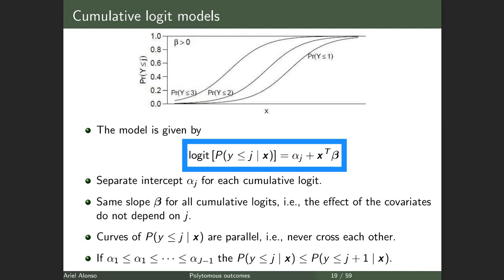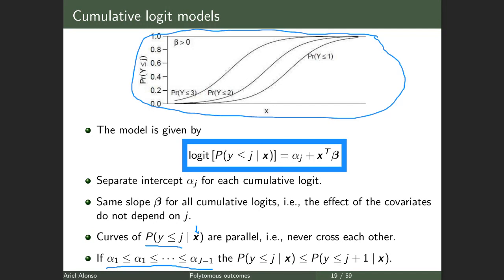Now, an advantage of this model is that the curves you're going to get for the probability of having an outcome smaller than J are going to be parallel for all values of the covariates. They will never cross. As soon as you have that these intercepts are ordered, then you will have that these lines over here are going to be parallel.